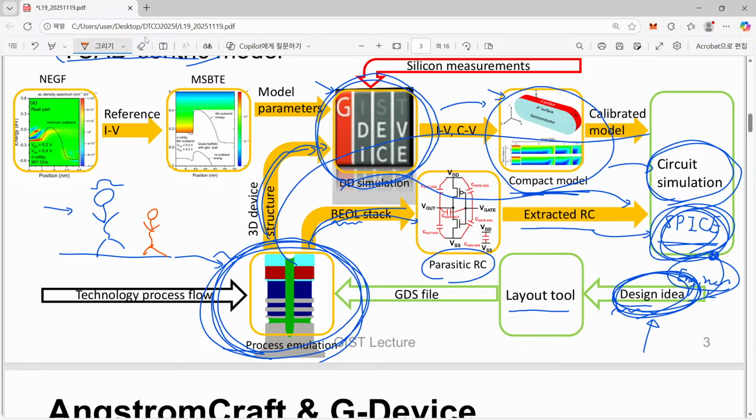So as the beginning of our DTCO framework, first of all, we have to make a reasonably good structure for our realistic structure. That's the reason why we need to perform this long series of process emulation. Once we have a good enough, accurate enough structure, now we have to perform the device simulation to extract intrinsic device parameters, and this BEOL extraction.